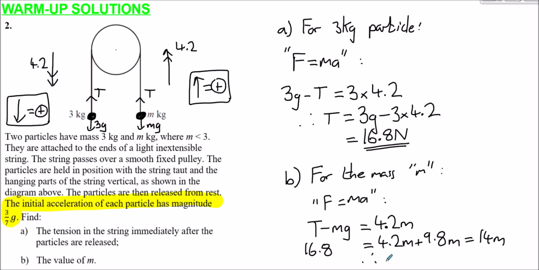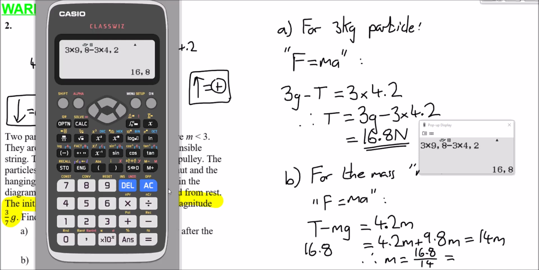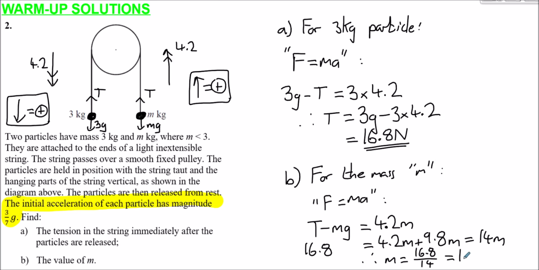So therefore the mass will be 16.8 divided by 14, and that gives us a value of 1.2. So the mass of the second particle, the value of m, is 1.2 kilograms. And we're done.